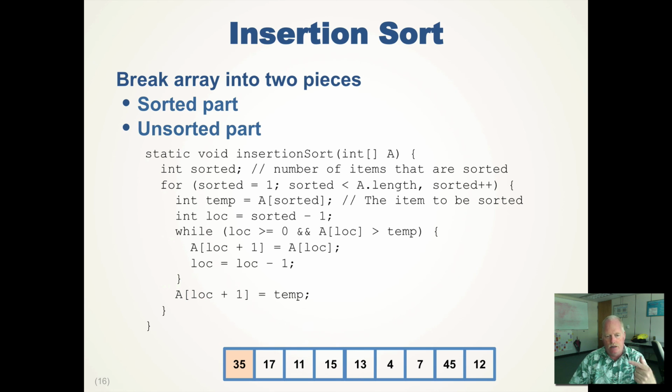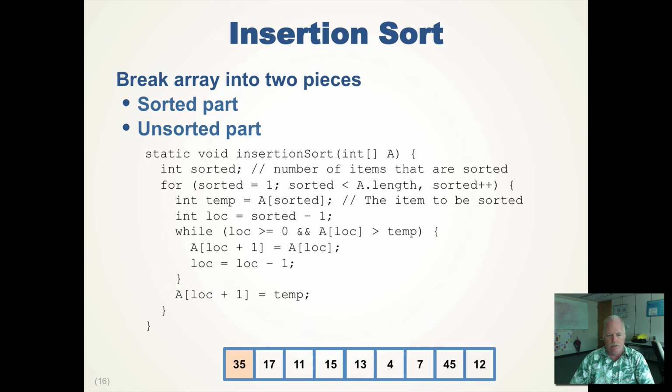Then we have a while loop that is exactly the same as our insertion. While loc is greater than or equal to 0 and the value at loc is greater than temp, we have to shift. So we do the shift, and then we decrement loc, and when we're done with that, we've got a gap, and we insert temp into that gap.